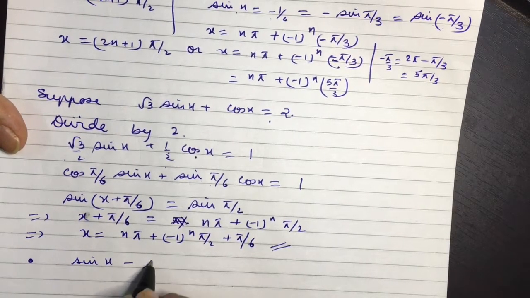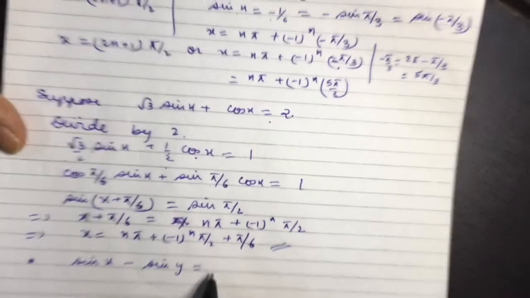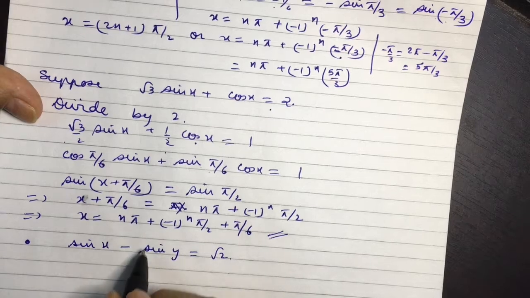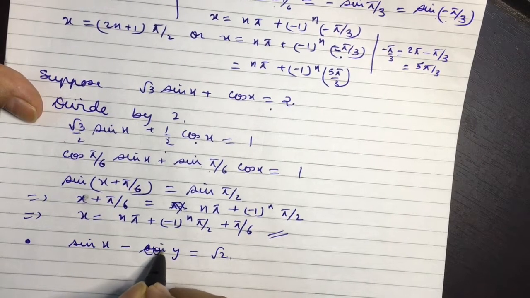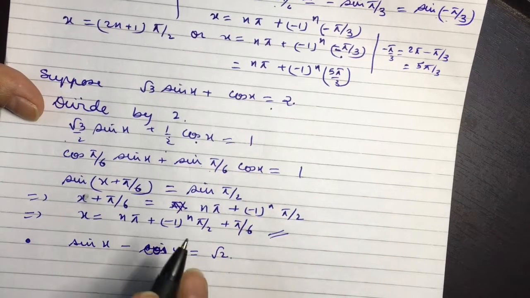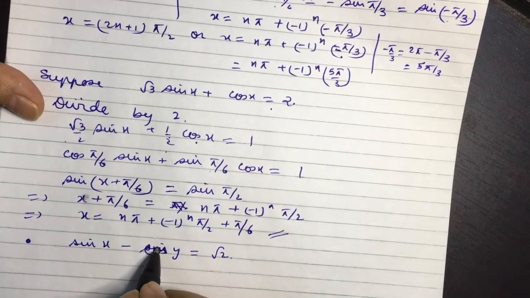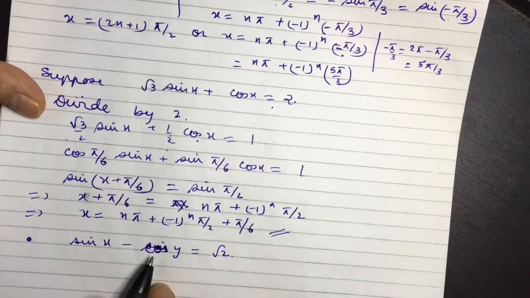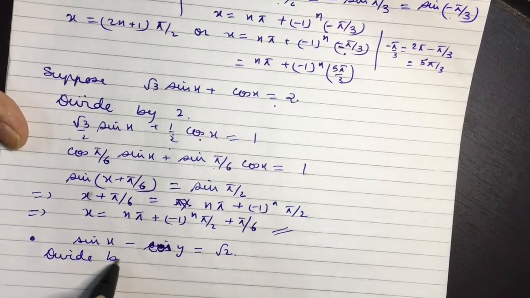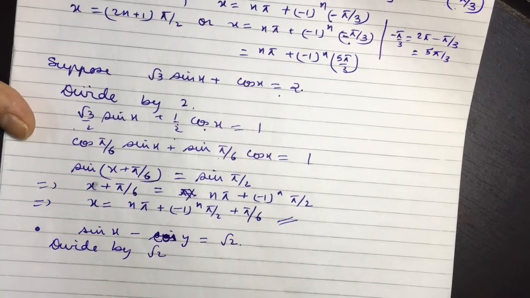Same way, another similar question is, let me take up sine x minus, let me say root 2, no, sine x minus cos y. If it was sine x minus sine y, we can solve it in a similar manner as we had done earlier, but here one is a sine function and another is a cos function. So now divide by root 2.